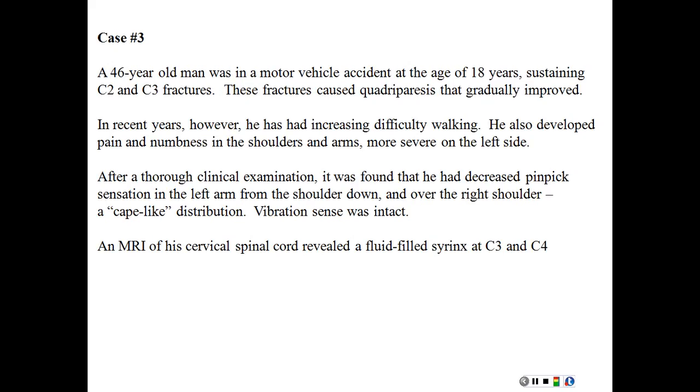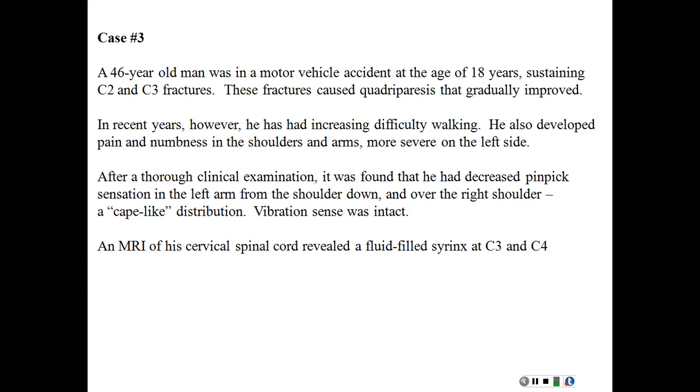After a thorough clinical examination, it was found he had decreased pinprick sensation, because that's pain, on the left arm from the shoulder down and over the right shoulder in a cape-like distribution. What have we seen? A cape-like distribution. Vibration sense was intact. So right off the bat, we know there's a segregation here between two systems, right?